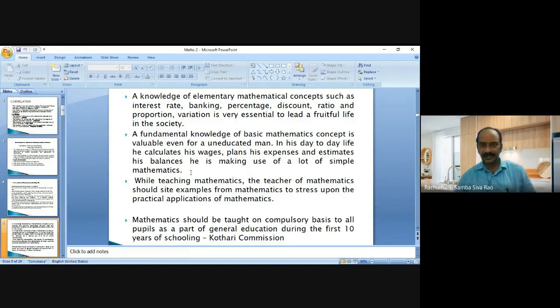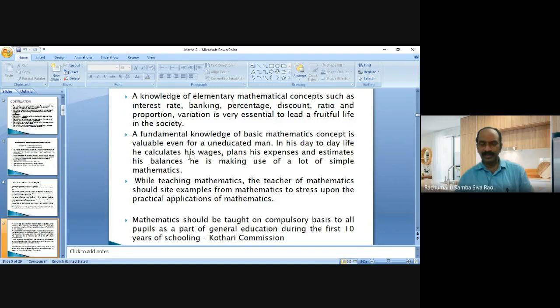As we discussed earlier, to lead a successful life, we have to apply minimum or basic concepts of mathematics, though he is literate, illiterate, or an uneducated man. He has to apply basic mathematics in his daily life while calculating his wages.